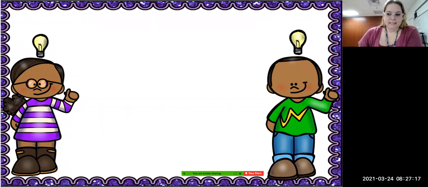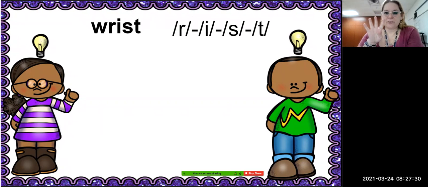Okay. Our first sentence says, I hurt my wrist when I fell. Wrist. How many sounds are in that word? Wrist. We have 4 sounds. Wrist. Good. The blend for that word is which 2 sounds together?